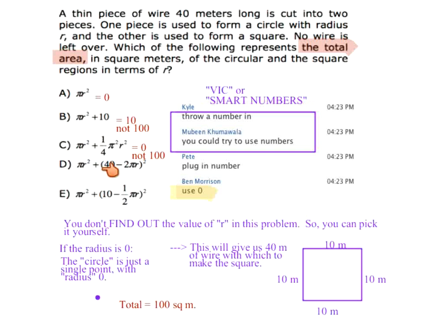This is 0 plus 40 squared, so 40 squared, even if you don't know what that is right away, that's much greater than 100. And then this is 0 plus 10 minus 0 squared, so that's 10 squared. And that's 100. So there it is. Only E works.